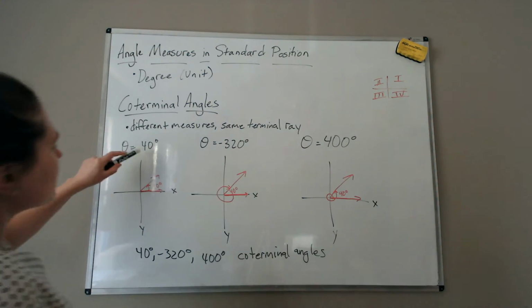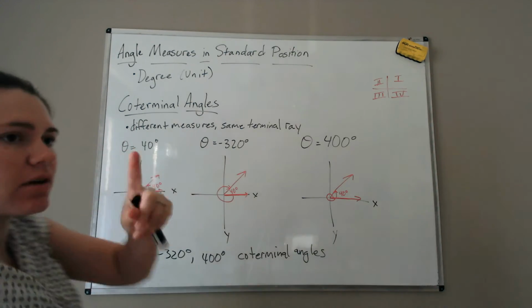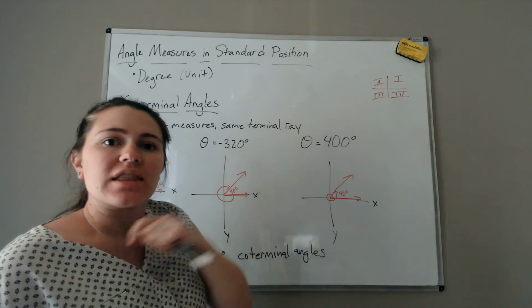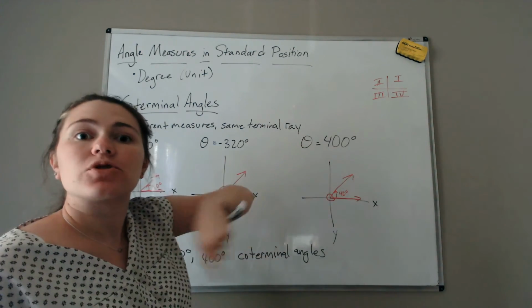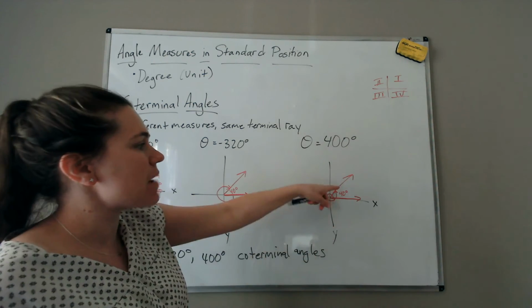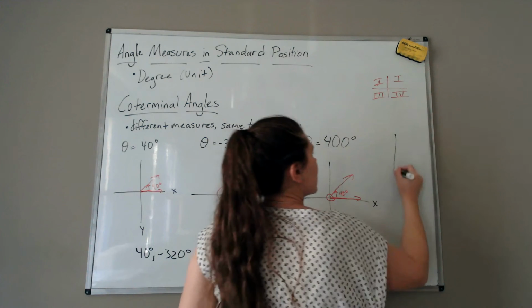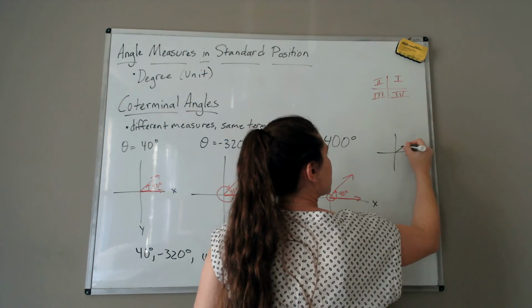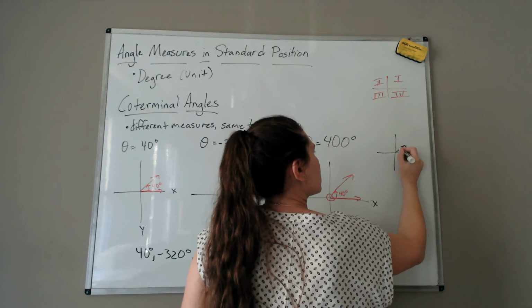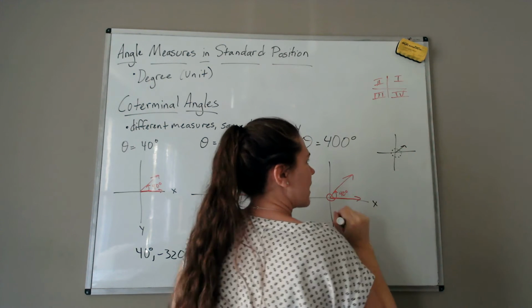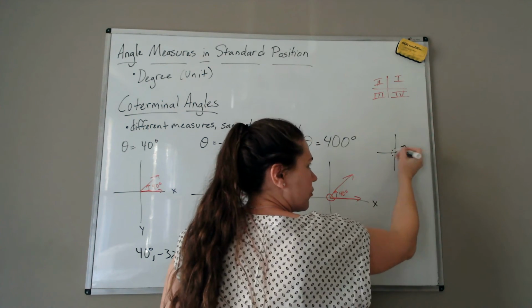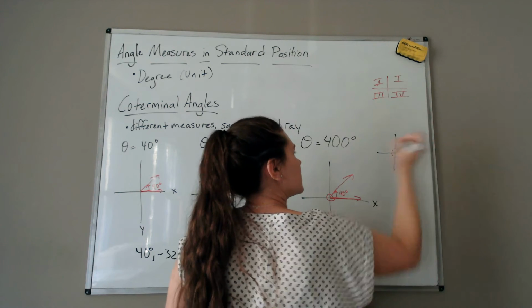If I just keep adding or subtracting one angle measure, I'm going to keep ending up in the same spot. How much rotation? If I'm right here, how much do I have to rotate so that I end up back right there? What's one full rotation? 360 degrees.